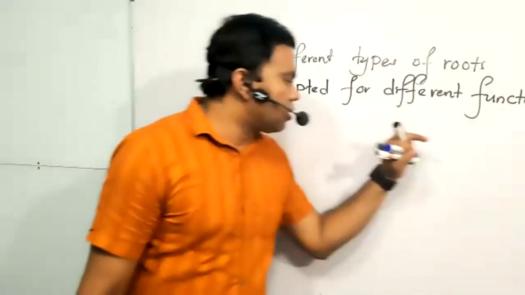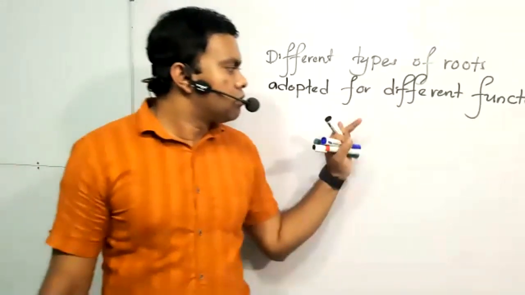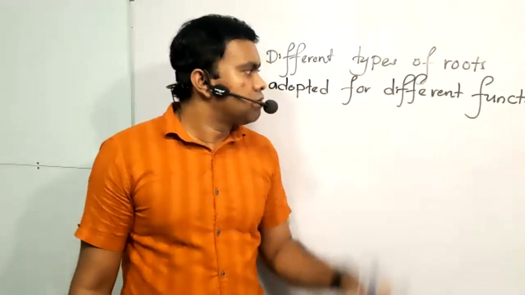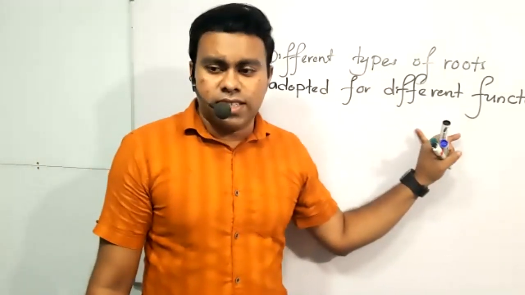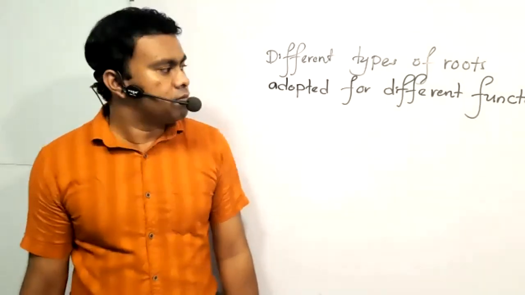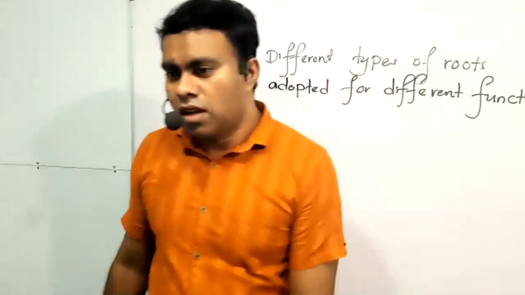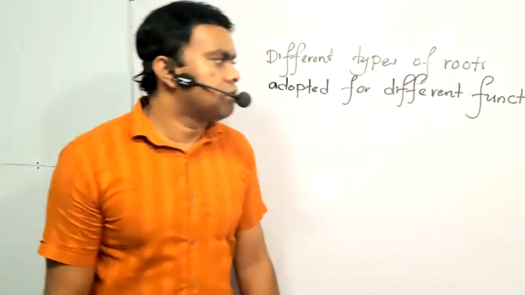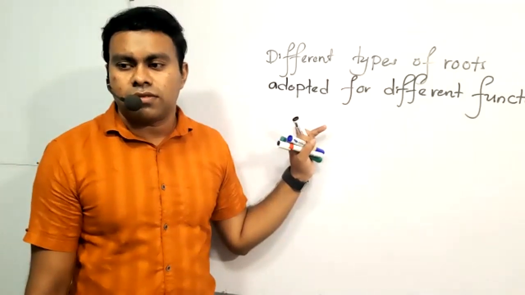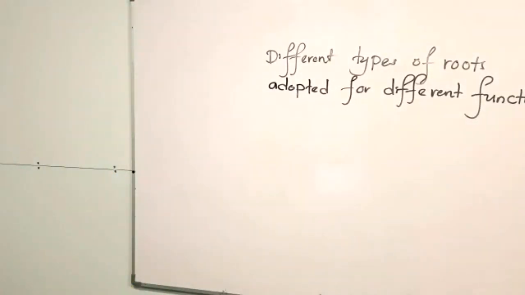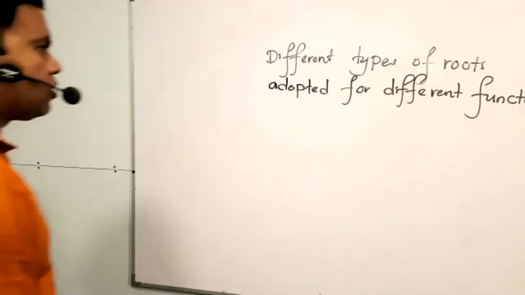Okay, take down a little note. Taproot system and the fibrous root system are the main two types of root systems.